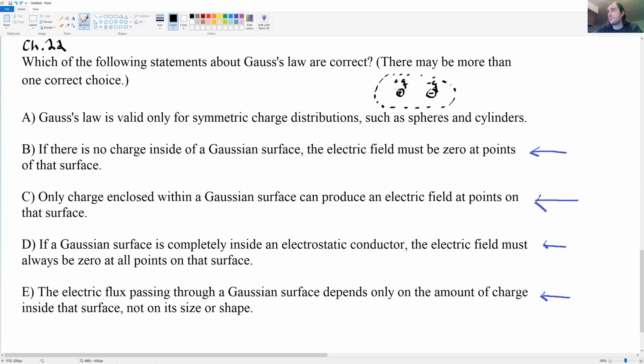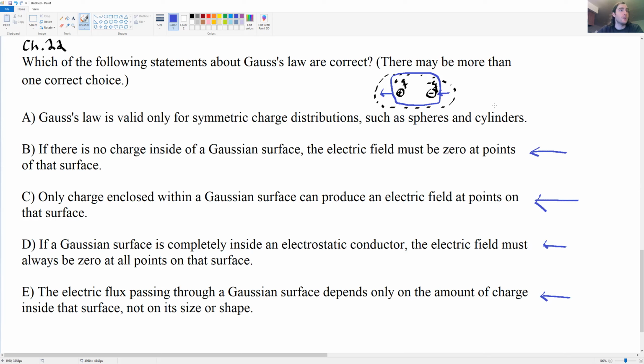For example, if I were to draw the surface really close to the positive charge and really close to the negative charge like that, then the electric field would be very big at the surface, in that direction for the positive charge and in that direction for the negative charge.